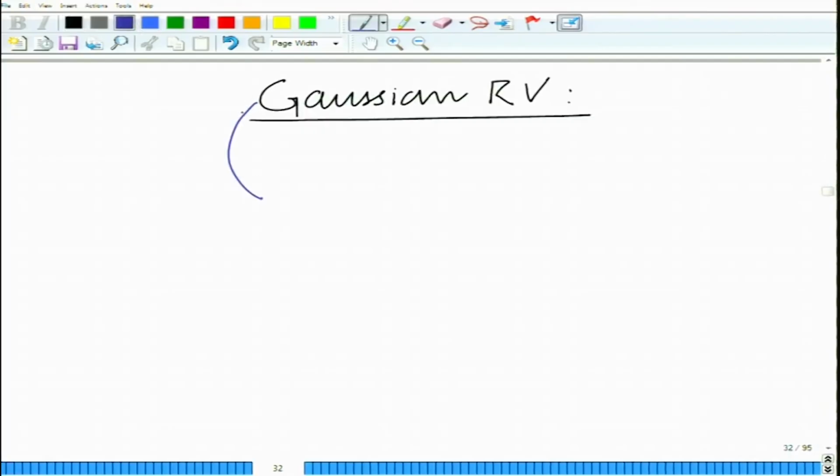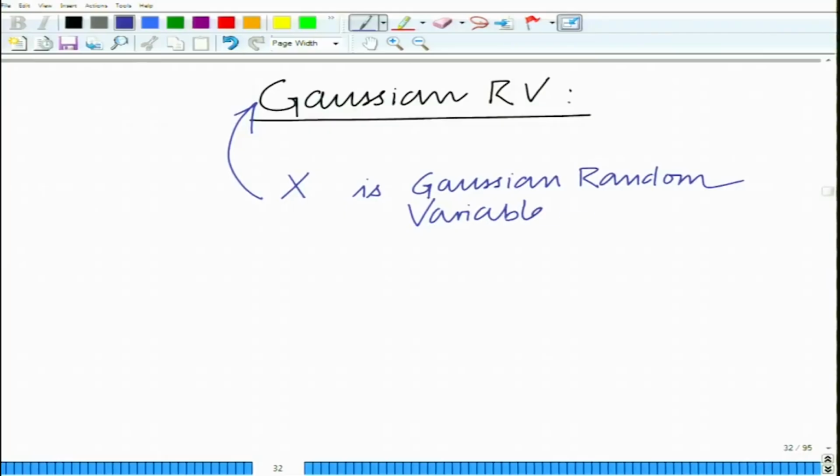Well, X is a Gaussian random variable with mean equal to mu and variance equal to sigma square.